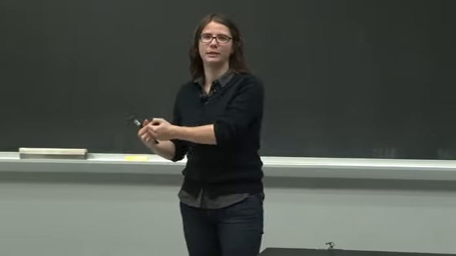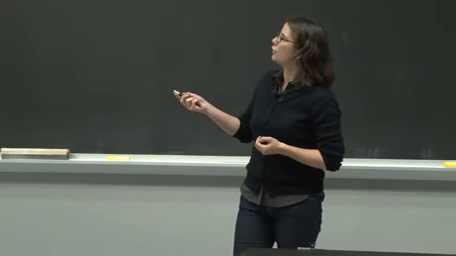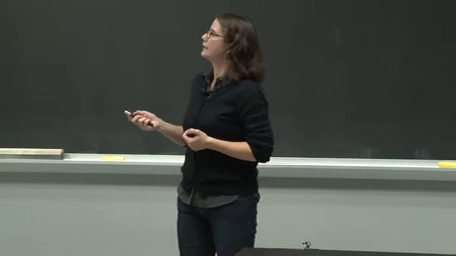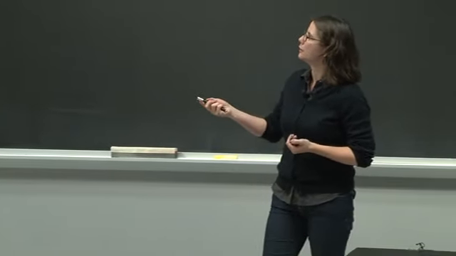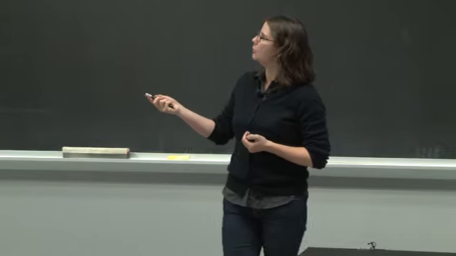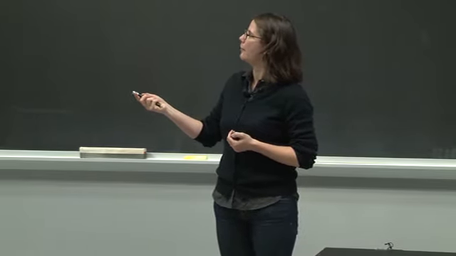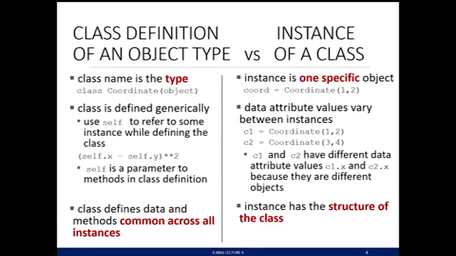The difference is that every instance's values are going to be different. When you're creating instances of classes, you can create more than one instance of the same class. We can create a coordinate object here using this syntax right here. You say the type and then whatever values it takes in. And you can create more than one coordinate object.